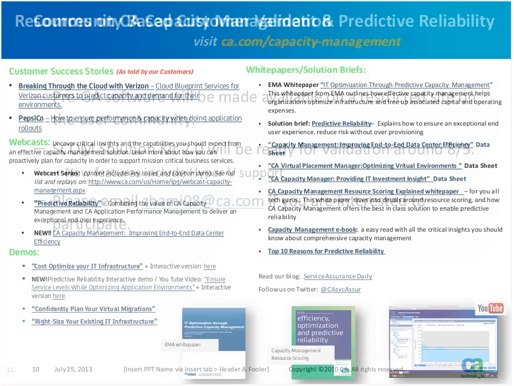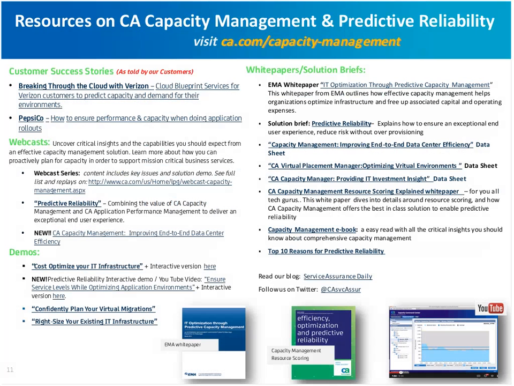So with that, I'll show the last slide, which is the collaterals available to our external customers on the CA website related to capacity management. Our product marketing manager, Jeremy Rostak, put together a very nice slide here.